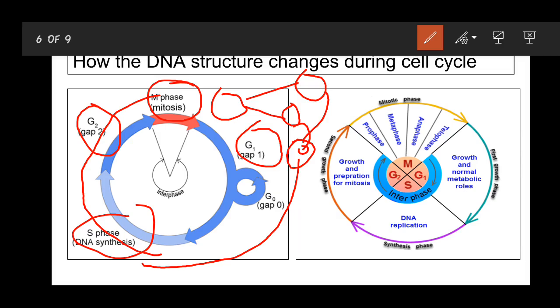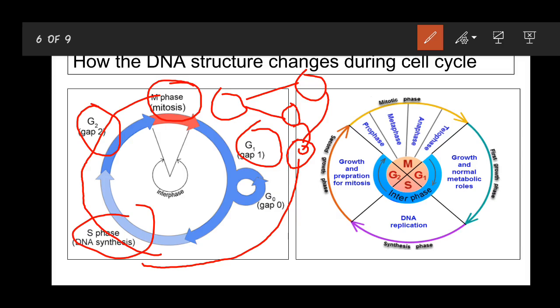Preparing in the sense that the cell is growing and depositing proteins, extra amounts of all the organelles, etc. This is done for the next event after interphase, the M phase, where a single cell is going to divide into two, and this single cell has to deposit everything to be shared between the two cells. That is what is meant by growth happening in individual cells.